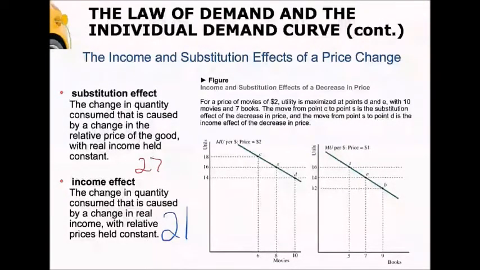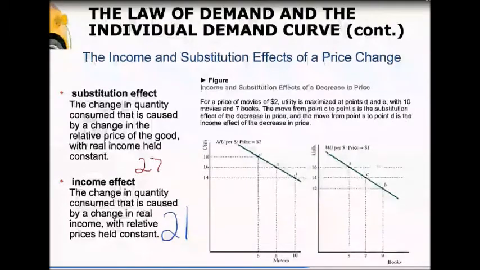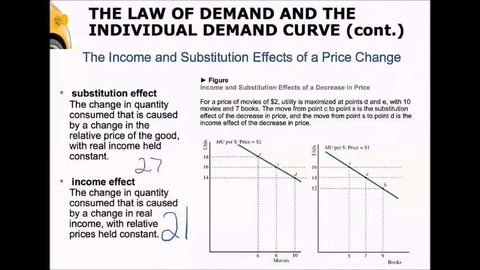So even if our income didn't change, and here we're doing our thought experiment, so we lower our budget from $27 down to $21, we would change from consuming 6 movies and 9 books to consuming 8 movies and 5 books at points S and T, and our marginal utility per dollar for each good would be 16 utils per dollar. That's the substitution effect. We consume more movies because they become relatively cheaper. We consume fewer books because they became relatively more expensive.